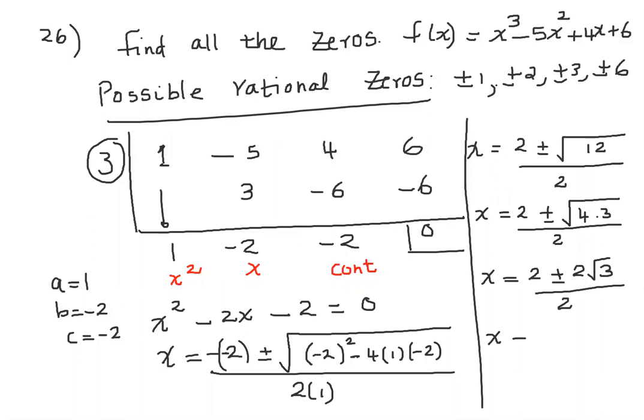And we can divide everything by 2. So 2 over 2 is 1, 2 over 2 is 1 again. So we get 1 plus or minus square root of 3. So the zeros for this problem, I'm writing down the answers, is 3 and 1 plus or minus square root of 3.